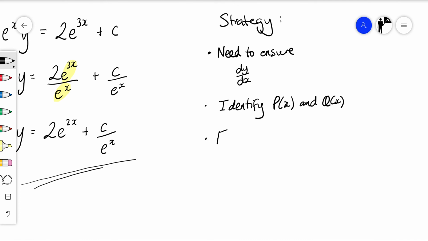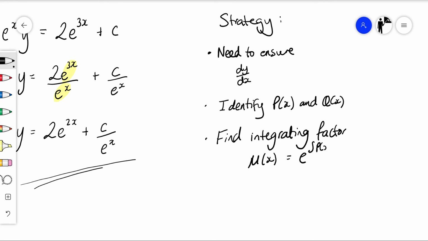We then find our integrating factor, which is mu of x, which we find is the exponential of the integral of p of x.